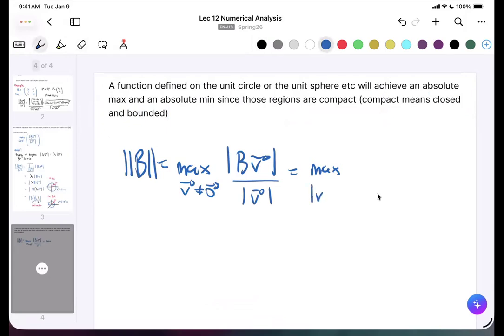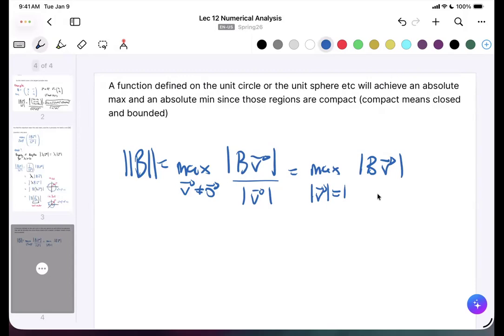The max is taking place on the vectors of length 1. And if the vector has length 1, then you don't need the denominator, right? Because the denominator is automatically 1. And the zero vector never has length 1, so that also takes care of having to remark that you cannot have zero length.